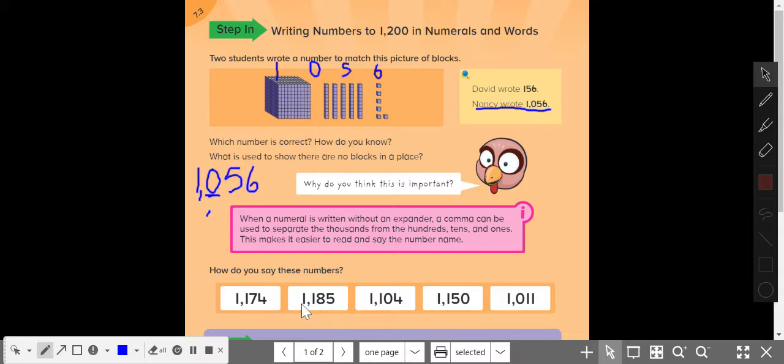Say it with me. 1185. Try this one. 1104. Hey, there's that 0 we just talked about again. It's holding the tens place in this one. Let's say it together. 1104.